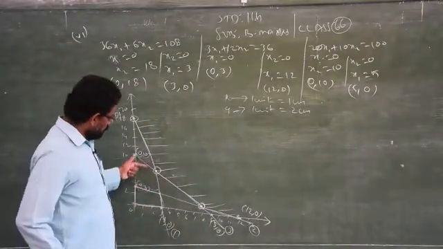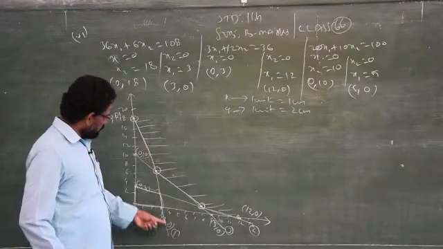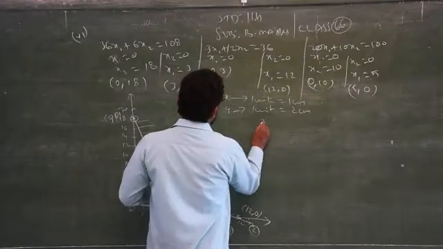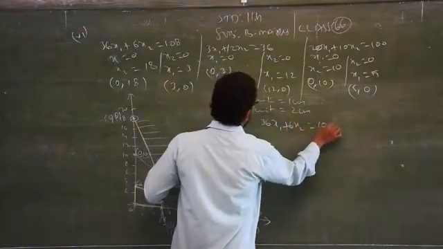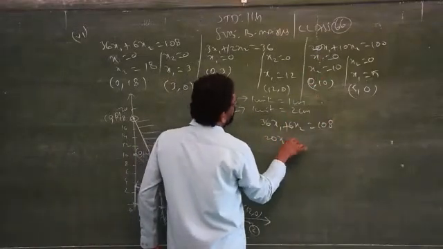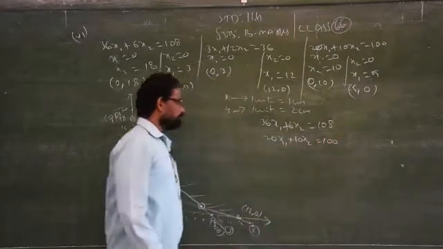Clear? So by solving the equations, how do you get this point? This is equation number 1 and this is equation number 3. Take equations 1 and 3, that is 36x1 plus 6x2 is equal to 108. Then equation number 3 is 20x1 plus 10x2 is equal to 100.